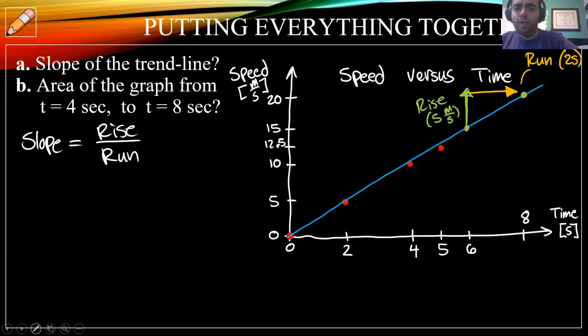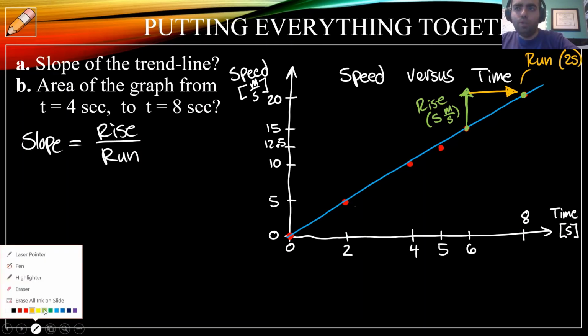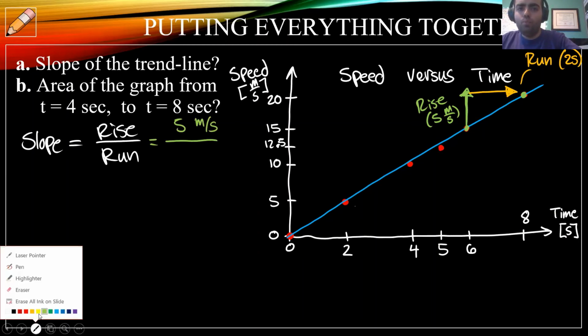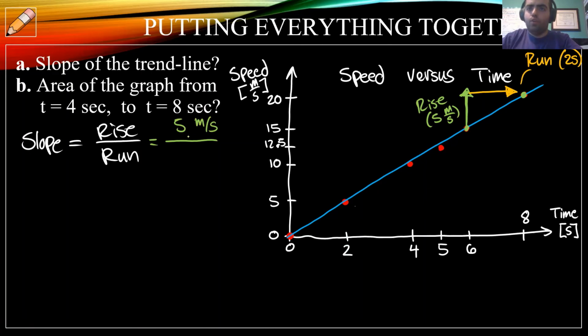So my slope is rise over run, which is going to be equal to the rise, which is 5 meters per second, divided by the run, which was 2 seconds. So 5 meters per second divided by 2 seconds. That's my slope. 5 over 2.